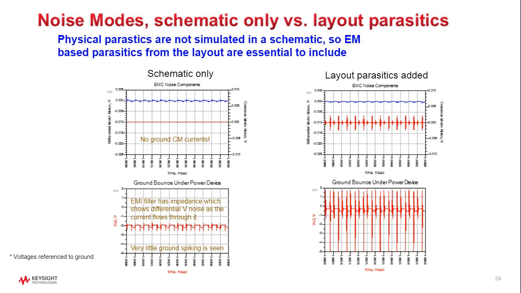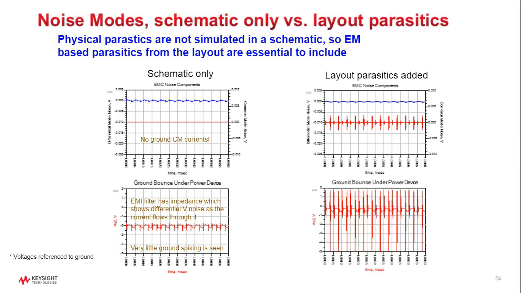Slide 24. As I mentioned just a few slides ago, if I'm in a perfect schematic environment, then you can see top left, I've got no common mode noise because the ground references are all ideal.